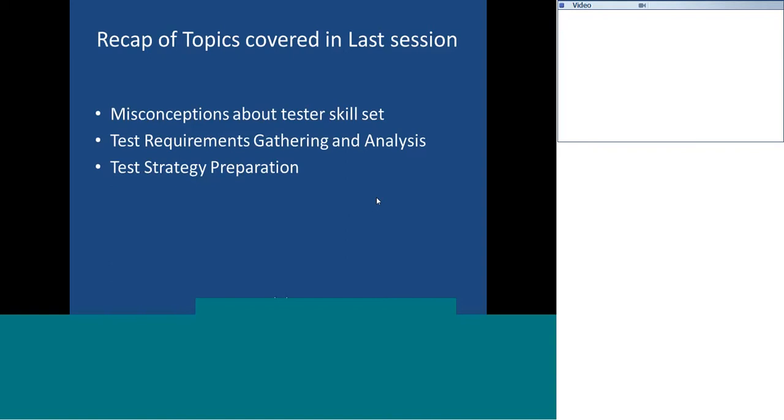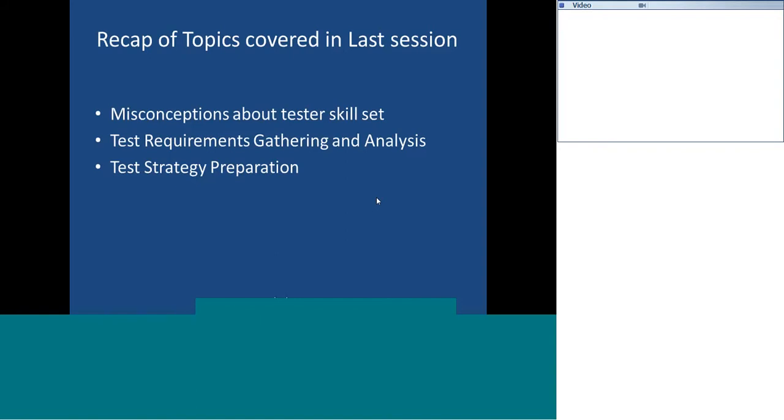So if anybody joins the team recently, or after the beginning of the project, they can go through the clarification log, which is like frequently asked questions, where you can find all the details about the application related requirements. So the clarification log is one of the documents you'll be dealing with during the test requirement analysis phase.